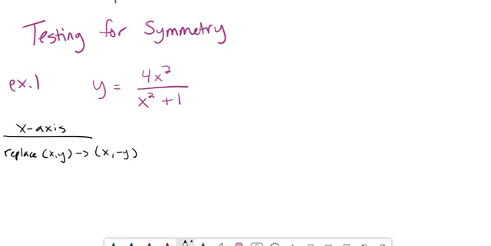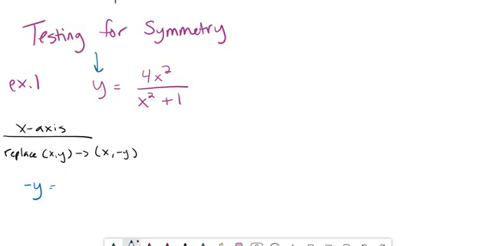So here's how we're going to do that. In the equation, anywhere there's an x, we're going to leave it as x. Anywhere there's a y, we're going to replace it with negative y, or opposite of y. In this particular equation, there is only one y value, so right at the beginning, the first y value, I'm going to replace with opposite of y, or negative y.